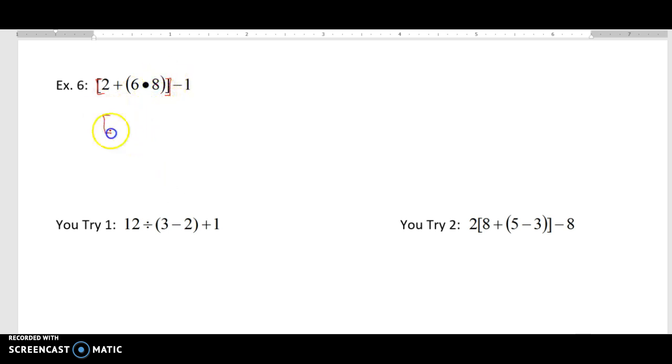So in this case, we're going to simplify what's in the parentheses first. So we would do 2 plus 6 times 8, which is 48. Now I have to evaluate what's in the parentheses. That's going to give you 50. And 50 minus 1 is 49.